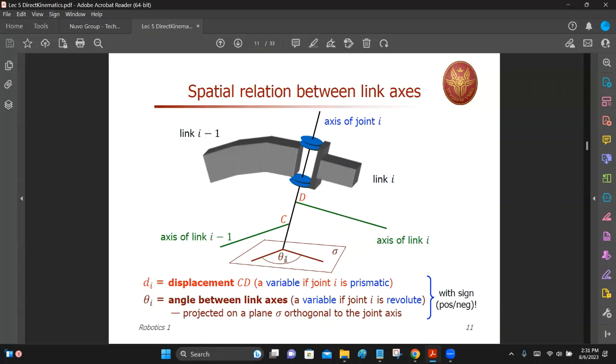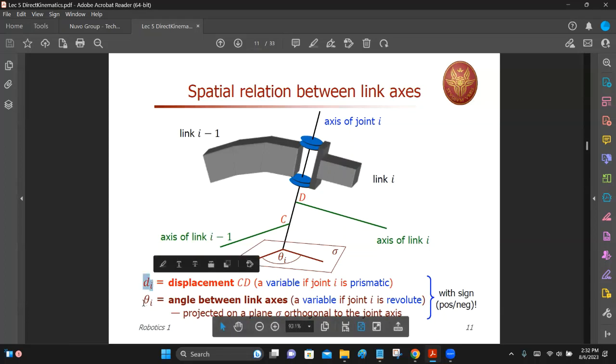So theta, joint angle, and d, joint displacement. Joint displacement or offset. So these two parameters define the joint. So for joint I, we have d I and theta I.